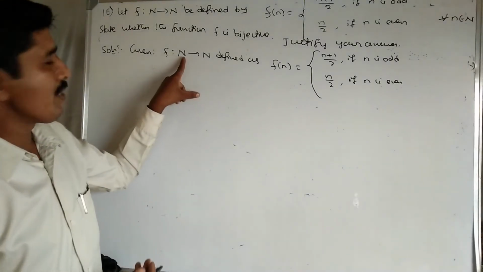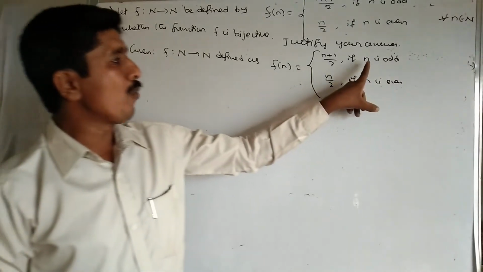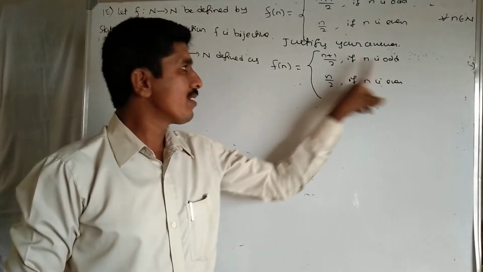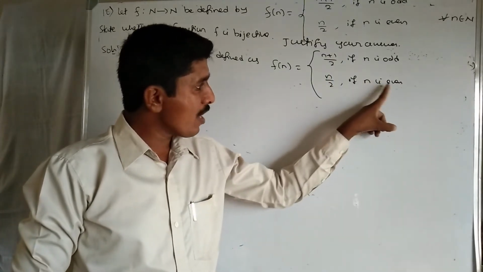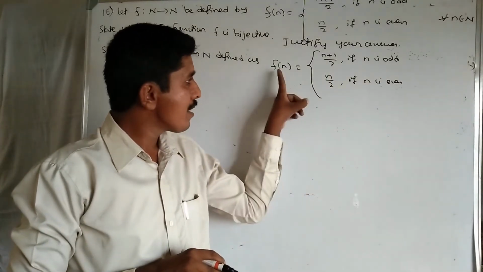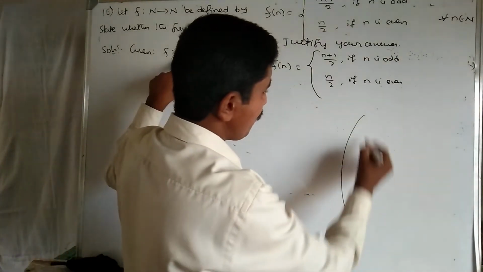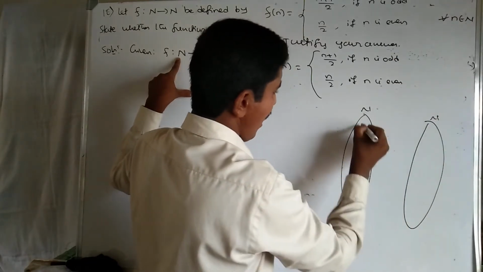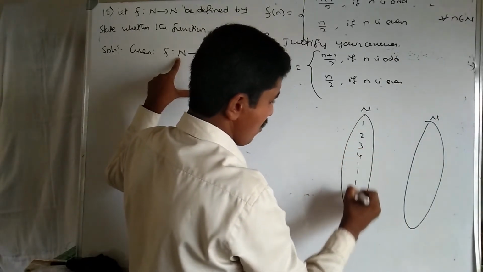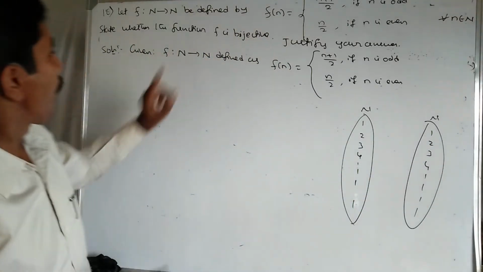Clearly the domain of the function is natural numbers and the codomain is natural numbers. When the natural number is odd, the range is of the form (n plus 1) by 2. When the natural number is even, the range equals n by 2. Natural numbers are 1, 2, 3, 4 and so on.